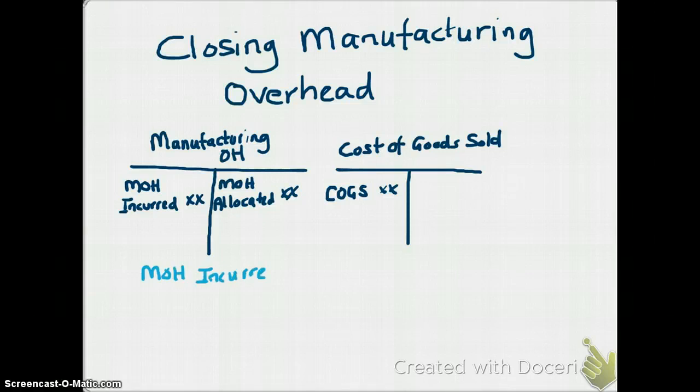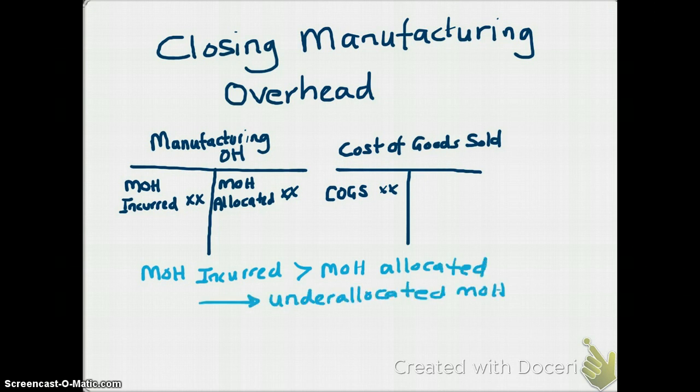If your manufacturing overhead incurred is greater than your manufacturing overhead allocated, that means you have under allocated manufacturing overhead. Your incurred amount was more than what you allocated, so you didn't allocate enough overhead to your jobs. We have an under allocated manufacturing overhead and our jobs are undercosted. In this case, our debit side is greater than our credit side, and we have to close out our manufacturing overhead.